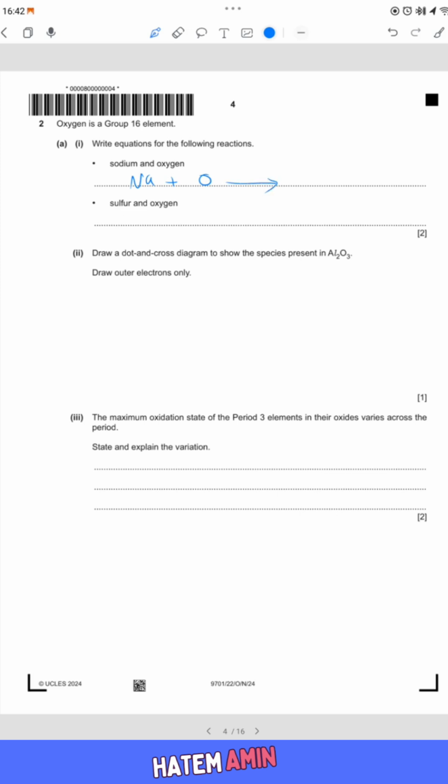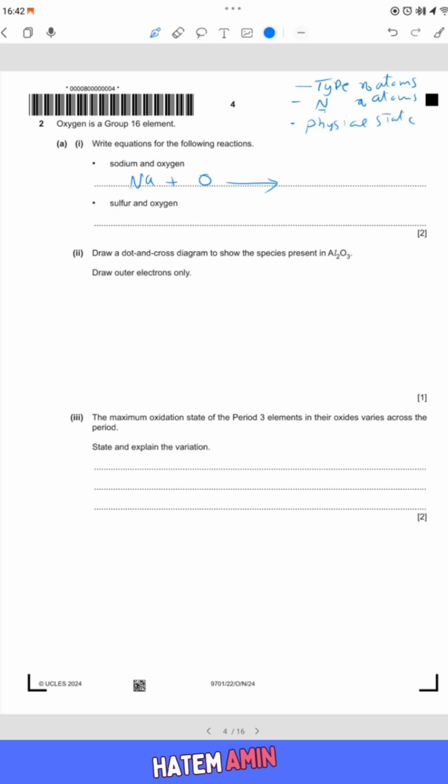How can we balance or adjust our equation? The equation must show us the type of atoms, the number of atoms, meaning the balancing of the equation, and the physical state.